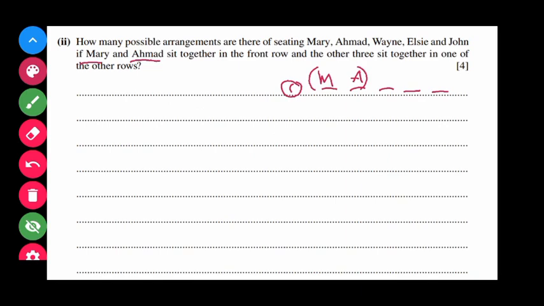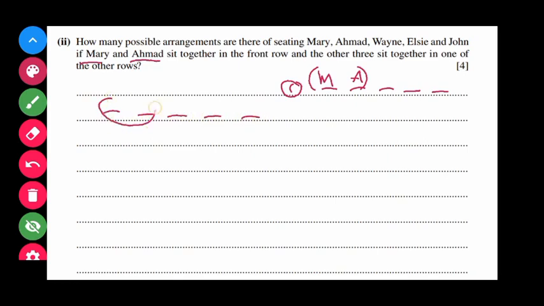Then how do you make that arrangement for Mary and Ahmad sitting together? Let's make this one first, then we'll go for the other 3. Totally we have 5 seats, and 2 adjacent seats are occupied by Mary and Ahmad. In how many ways can you arrange it? You can arrange it in 4 ways, like 1, 2, 3, 4, 5.